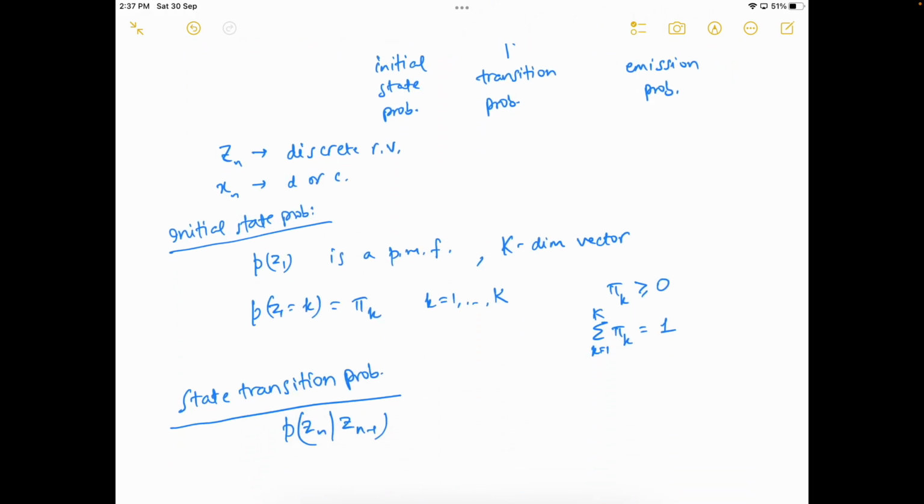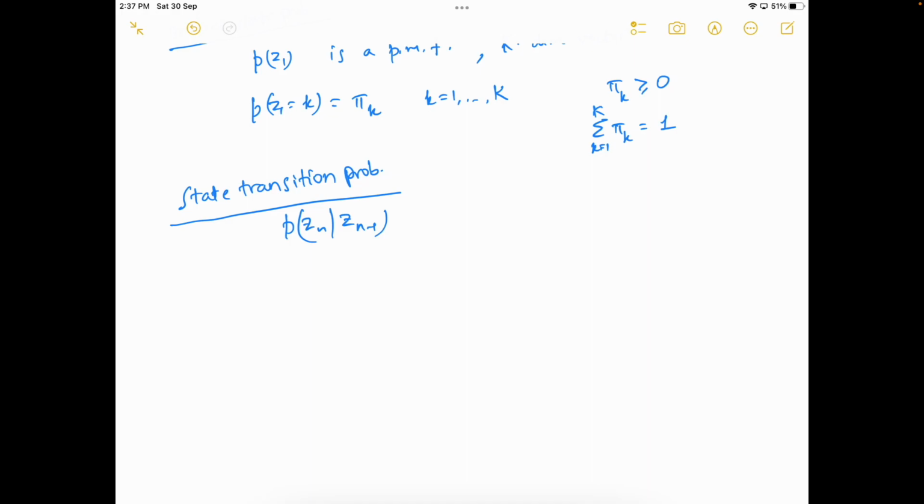There are 4 seasons, so just 4 numbers. What is state transition probability? How many parameters here? Let's make a table.